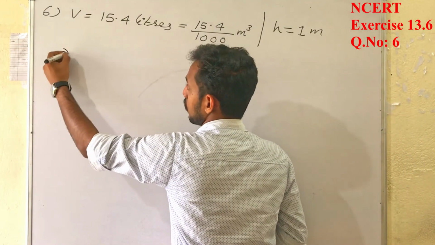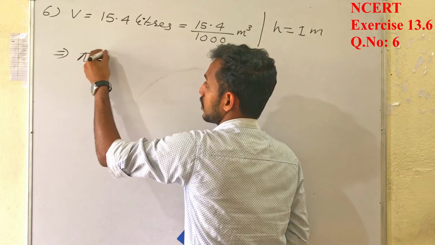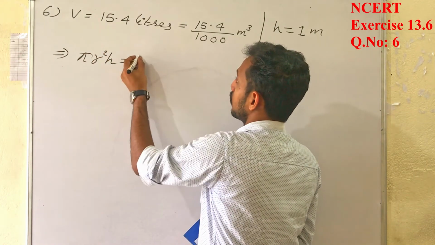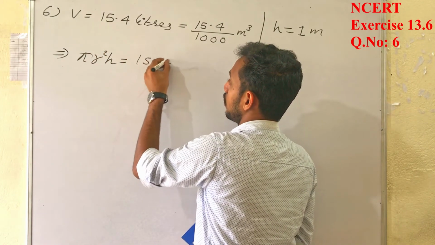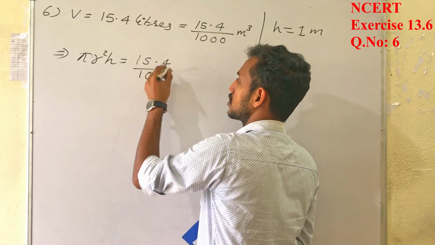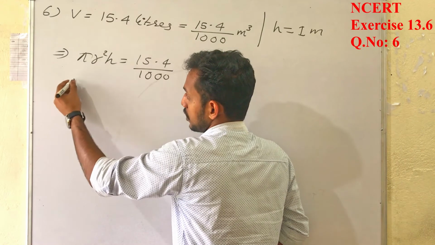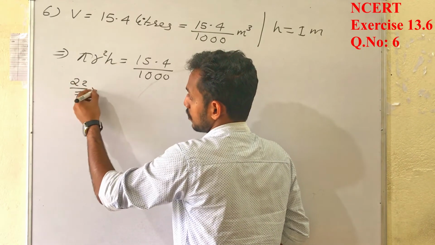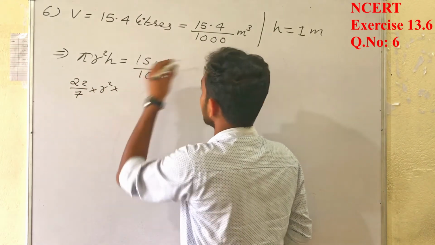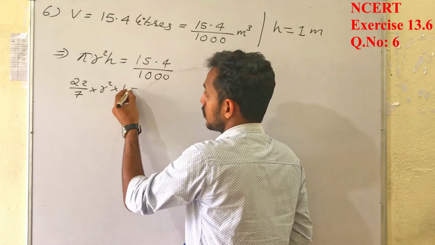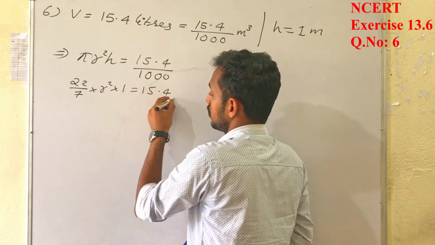What is the volume? Pi r square h is equal to 15.4 divided by 1000. What is pi? 22 by 7 into r square into what is height? Height is equal to 1, which is equal to 15.4 divided by 1000.